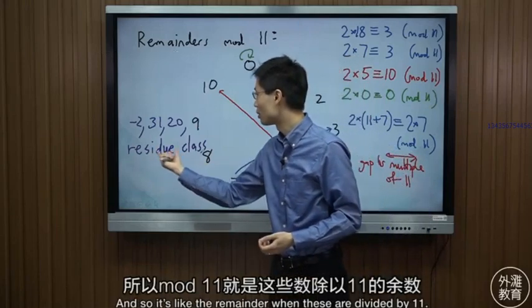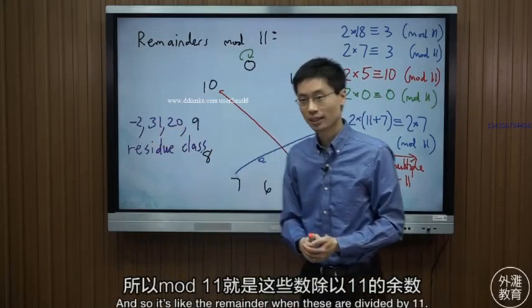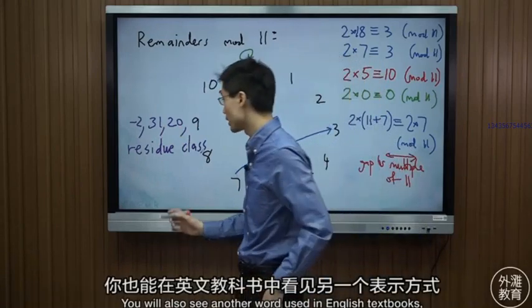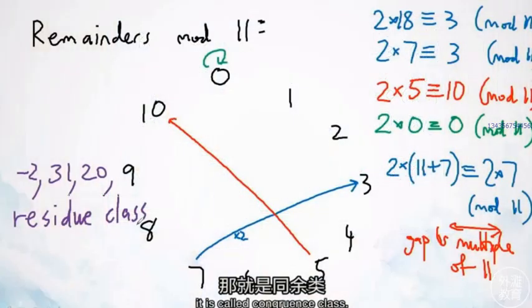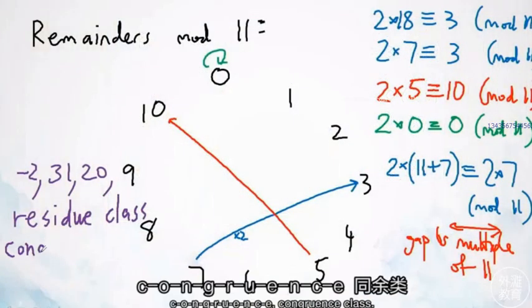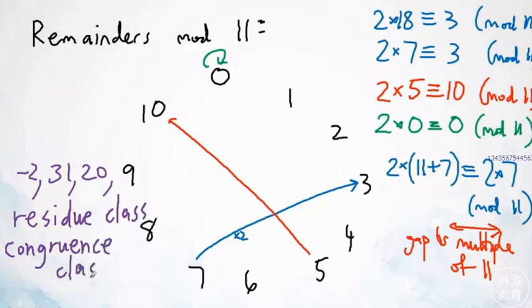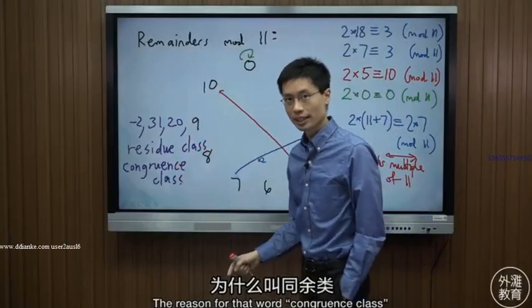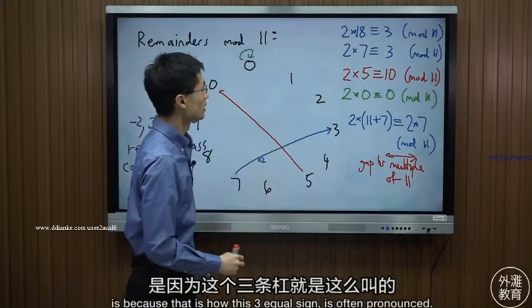And so it's like the remainder when these are divided by 11. You will also see another word used in English textbooks. It is called congruence class. C-O-N-G-R-U-E-N-C-E. Congruence class.